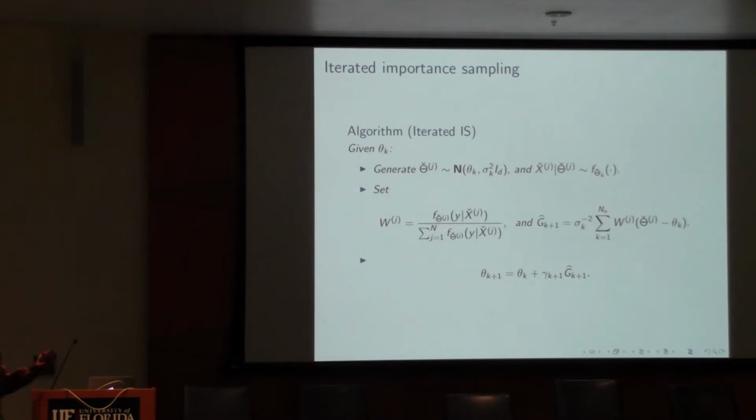In a way, what I'm doing is drawing copies of the parameter, and then using these to draw the signal, and then comparing whether the signal that I draw fits the data. The fit is used to weight each one of the samples that I draw, and I use that to get information on what the gradient is, to move.